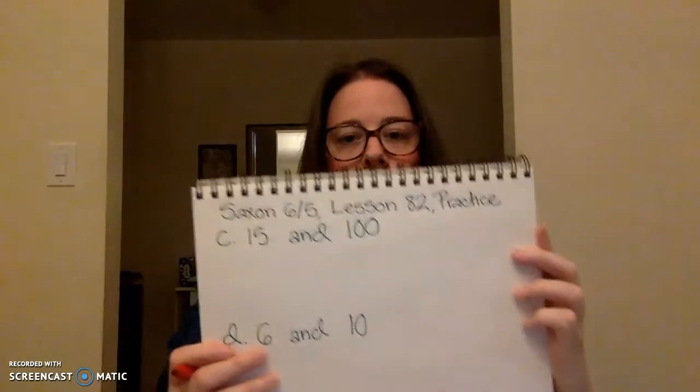Looking at example C, I have 15 and 100. So my factors of 15 are 1, 3, 5, and 15.